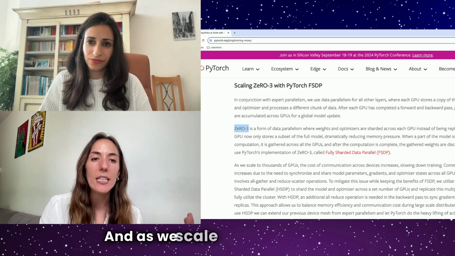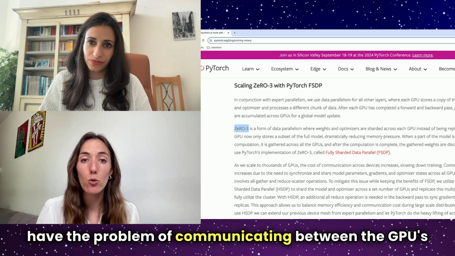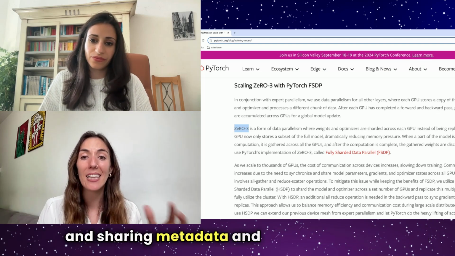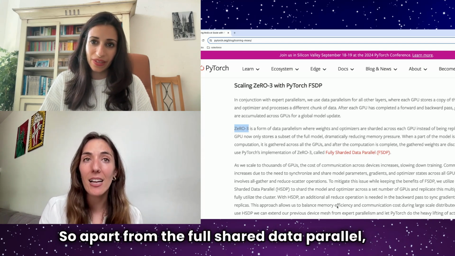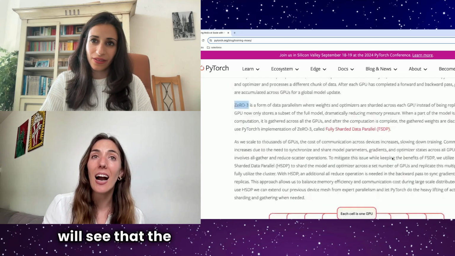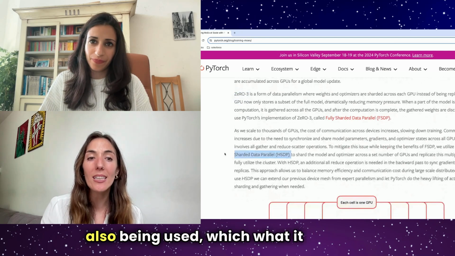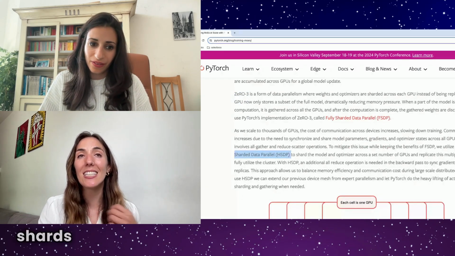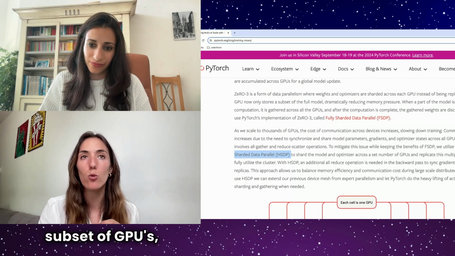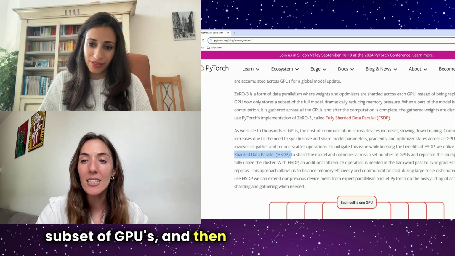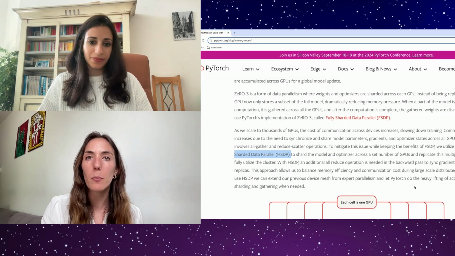As we scale to many GPUs, we have the problem of communicating between the GPUs and sharing metadata and data to the GPUs. So apart from the fully sharded data parallel, you will see that the hybrid sharded data parallel is also being used, which shards the model and the optimizer across a specific subset of GPUs, and then replicates this multiple times to fully utilize the GPUs.